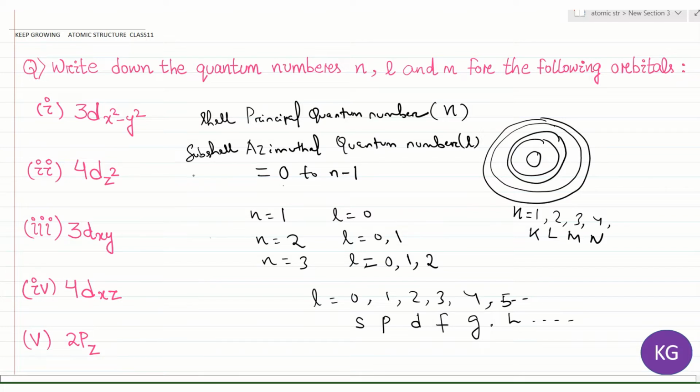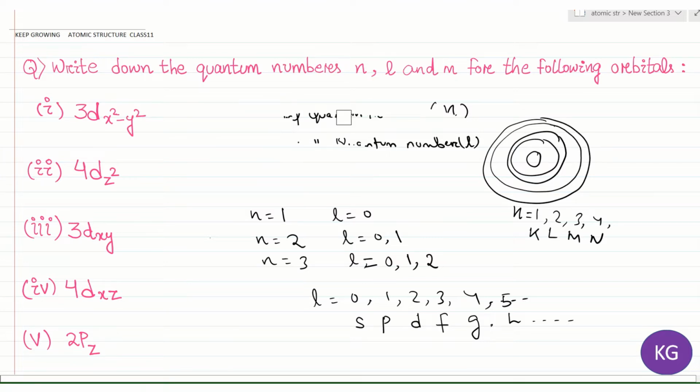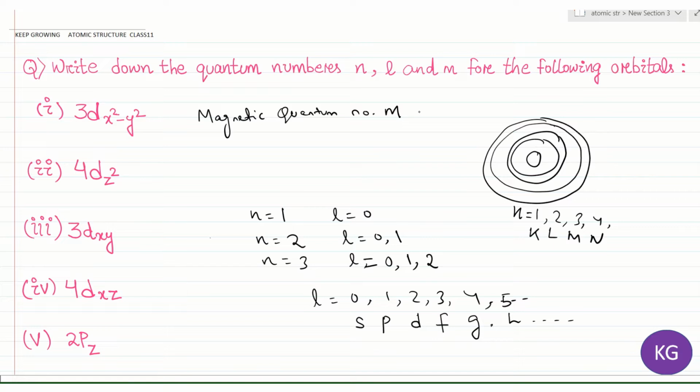Then the magnetic quantum number. It can be represented by m simply, or by ml, and its values are from minus l to plus l.